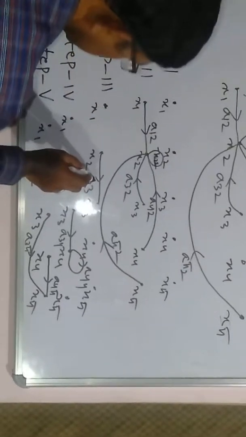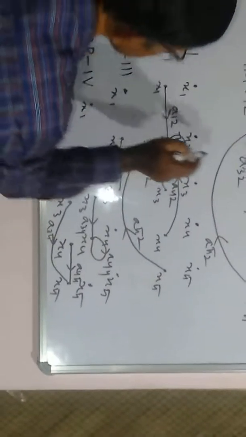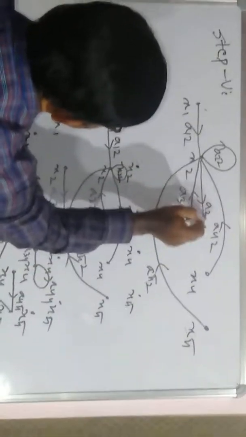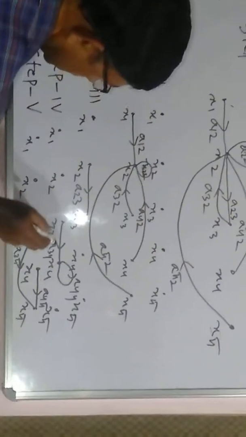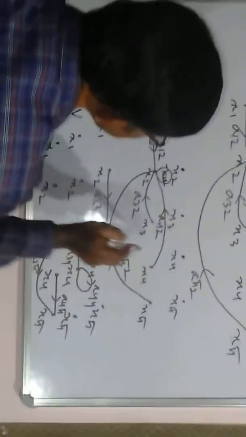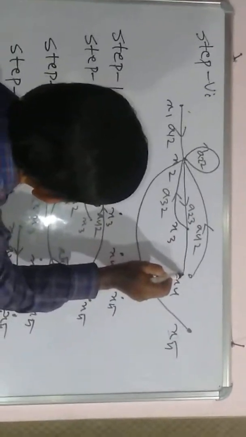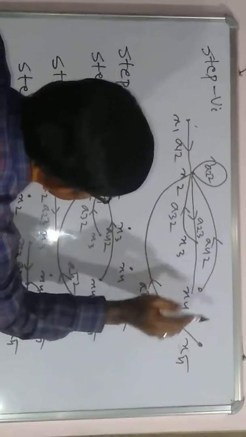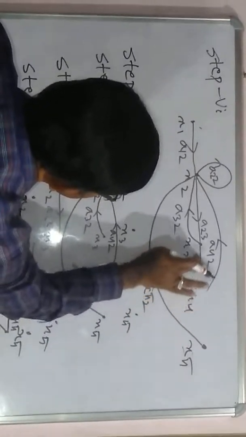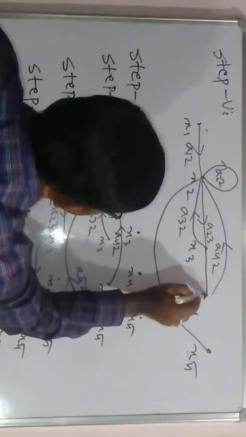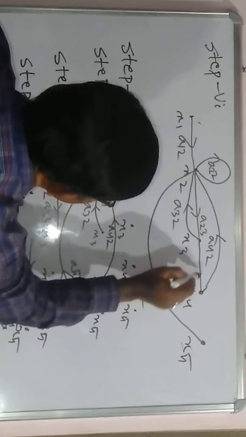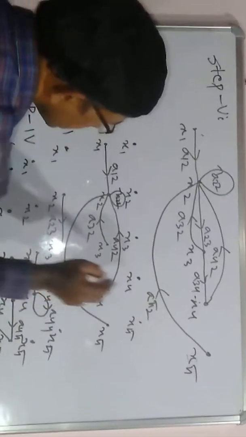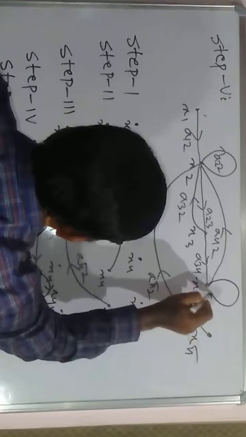Next we will connect a23. Then next we have to connect a34. Then a44, and draw here.